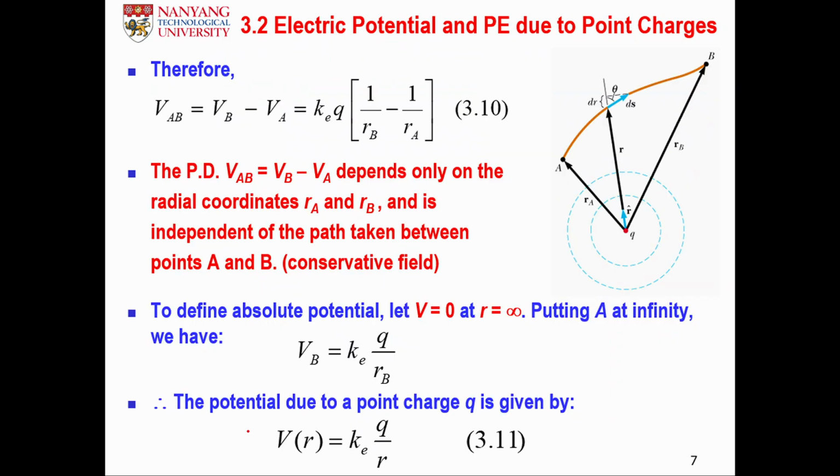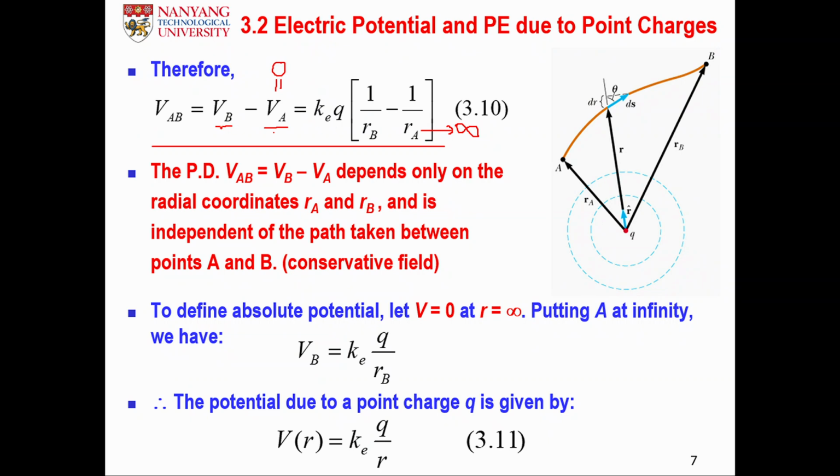From here, what we determine is the potential difference VAB. If we want the potential at a specific point, say point B, we need to make VA equal to 0, so the potential difference is just VB. How can we make VA 0? You make RA infinitely large.